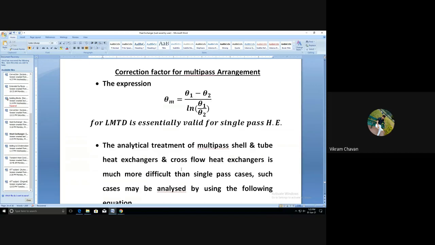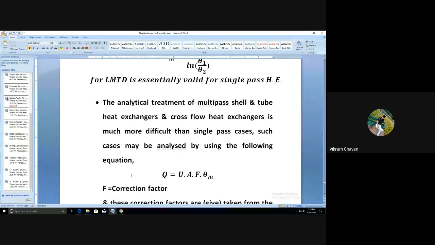So what will be the correction? We have to write the formula in that case as q is equal to u multiplied by a multiplied by f multiplied by theta m. Our initial formula was u multiplied by a multiplied by theta m only, but here we have added one factor called the correction factor. F is the correction factor.